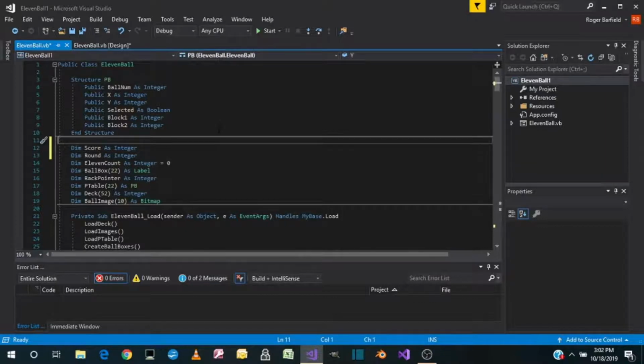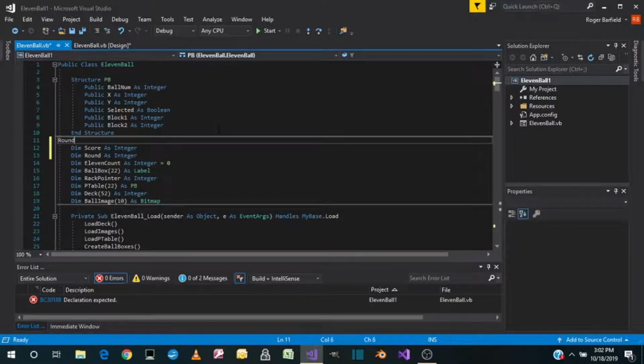Let's do round status while we're here. The round status will be for how the round is going. 0 would be the round is in play. 1 would be that you cleared all the balls off the table. 2 would be you ran out of time. And 3 would be you chose to take the score.